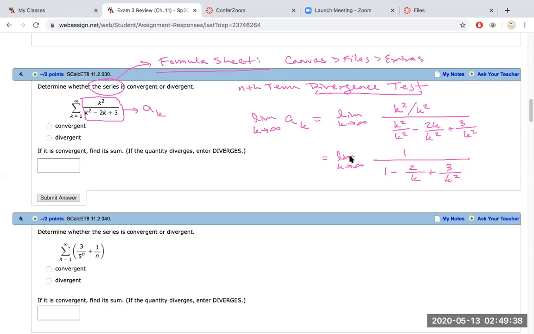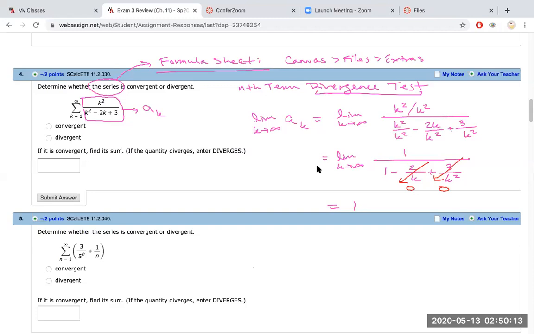You could formally show that the limit goes inside for each term, but you don't have to. Just think, as k goes toward infinity, what happens to 2 over k? That goes to 0. Same thing for 3 over k squared. Then the limit would be 1 for the top, 1 for the bottom, so you're going to get 1 for your limit.